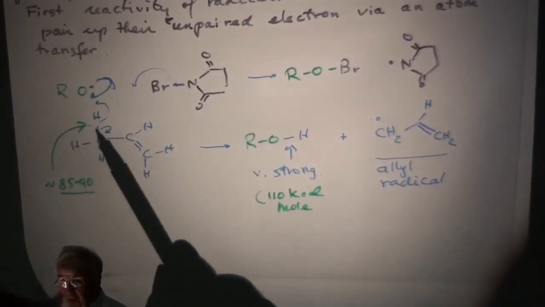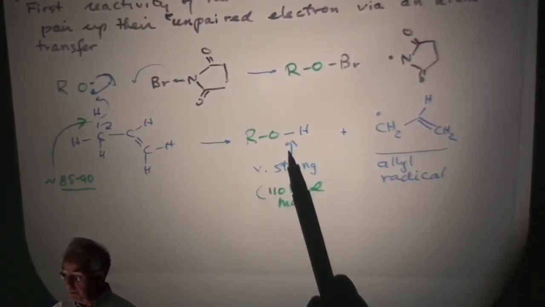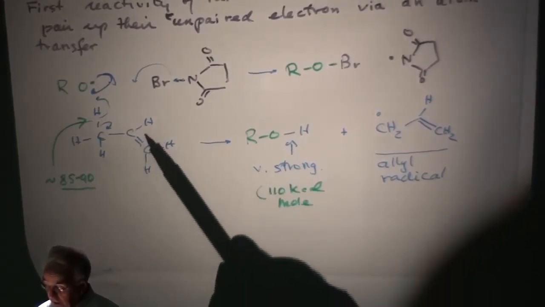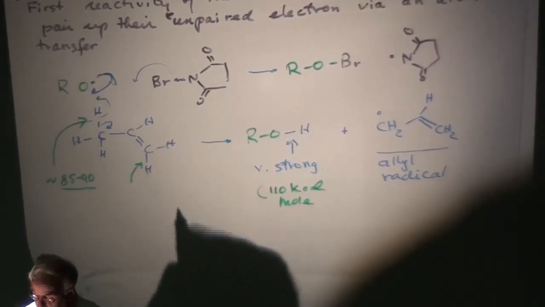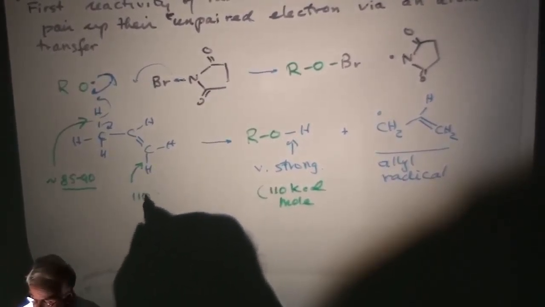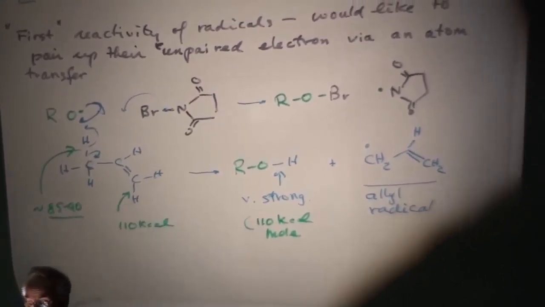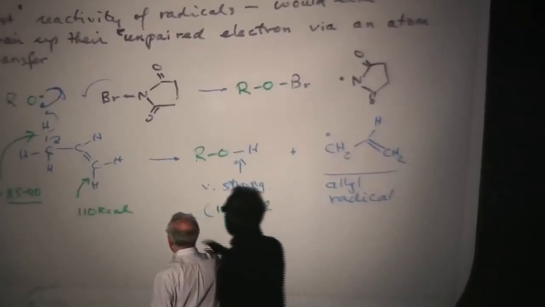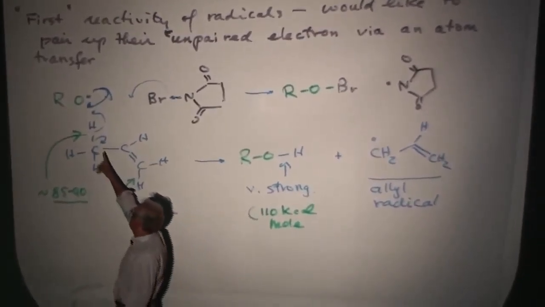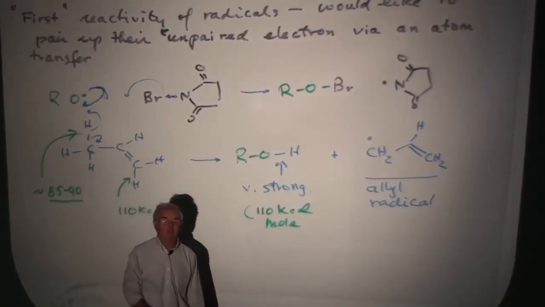So we're breaking a fairly weak bond, making a stronger one. The other CH bonds here, the bond strength of that carbon, that bond is about 110 kilocalories. So the hydrogens that are joined to the double bond are held really tightly. It's these CH3 bonds that are the weak ones.